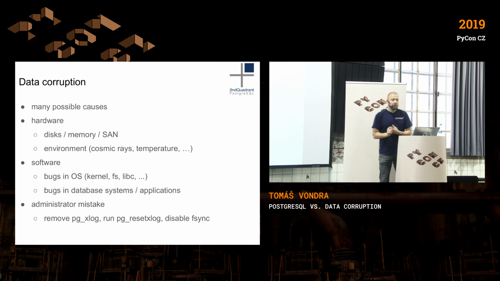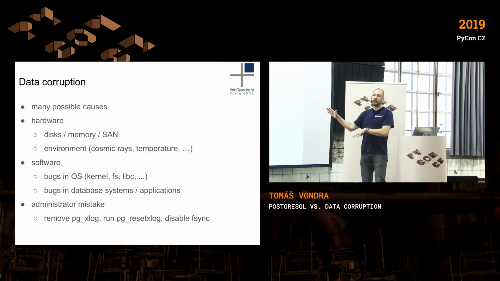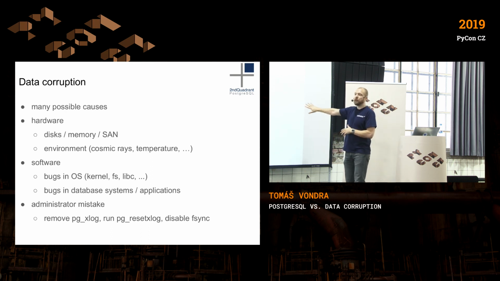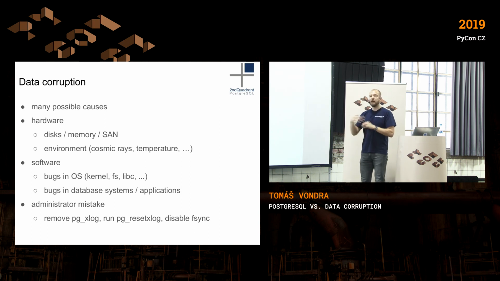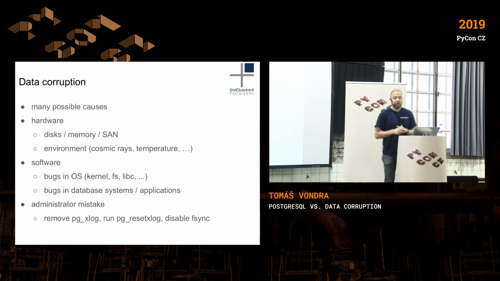On the software level, we have bugs, right? Or incorrectly handled corner cases or whatever. Typically, it could be in, say, the operating system, a bug in the file system code, or in the kernel memory management or something like that. I will have an example about that too.